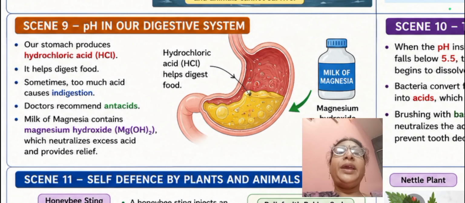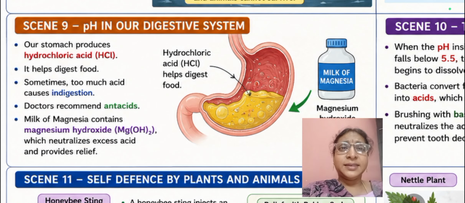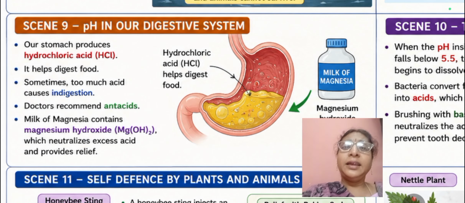Next, pH in our digestive system. Our stomach produces hydrochloric acid, HCl. It helps digest food. Sometimes too much acid causes indigestion. Doctors recommend antacids.